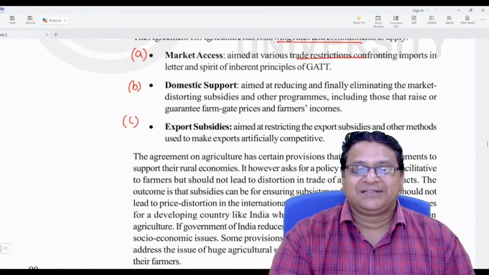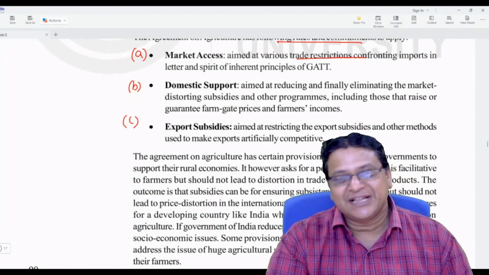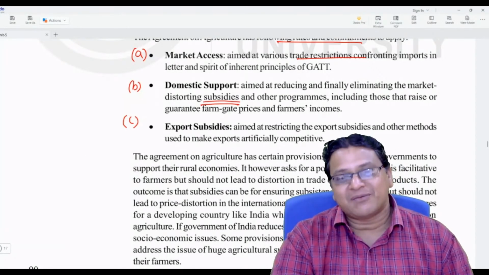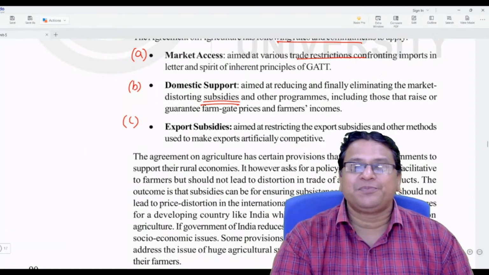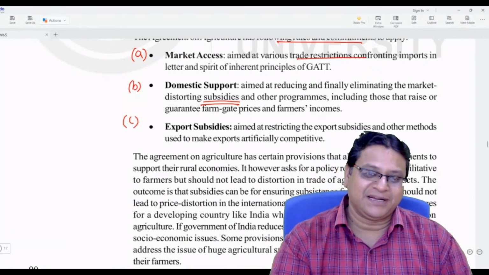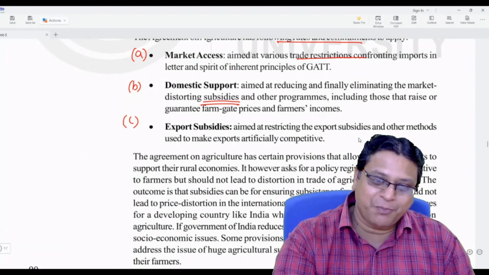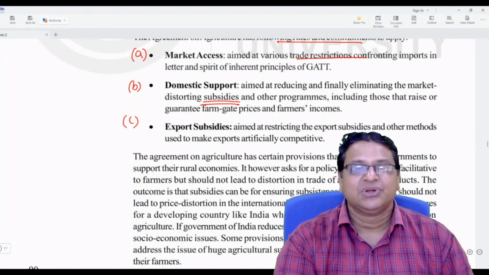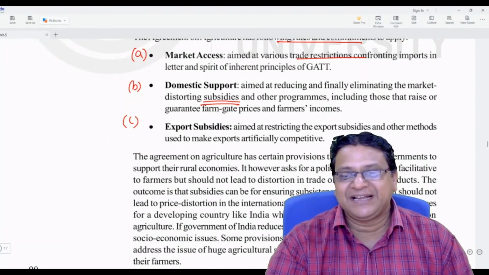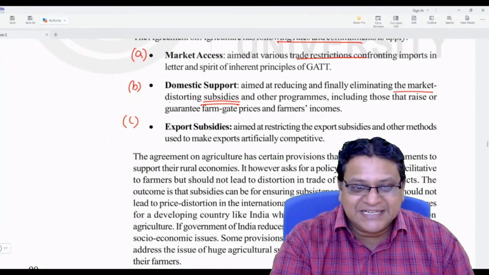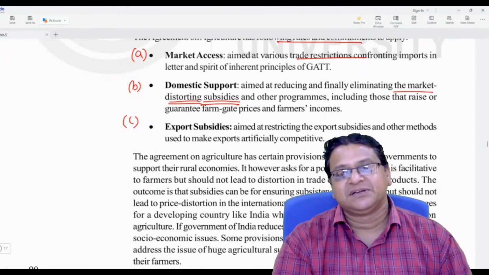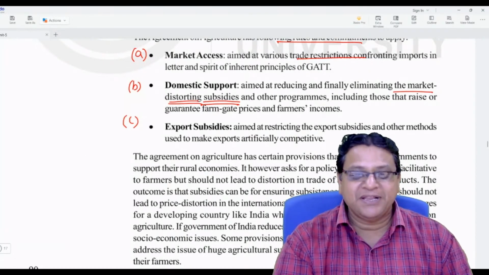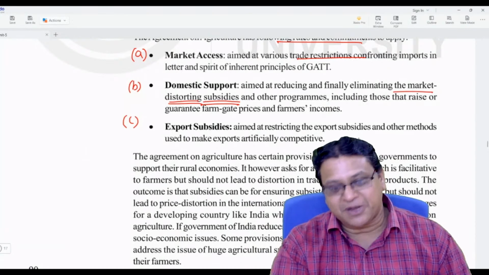Domestic support. The member countries have agreed to reduce the subsidies provided to farmers so that their product becomes competitive in the international market. So in the case of domestic support, the countries have agreed to gradually reduce the subsidy. They have agreed to eliminate market distorting subsidies, those subsidies which make your product cheaper in comparison to other international market products.